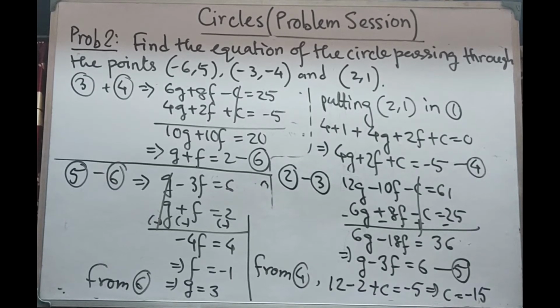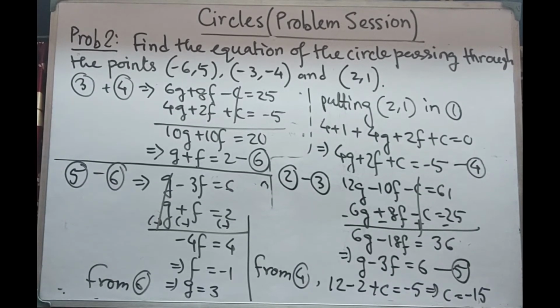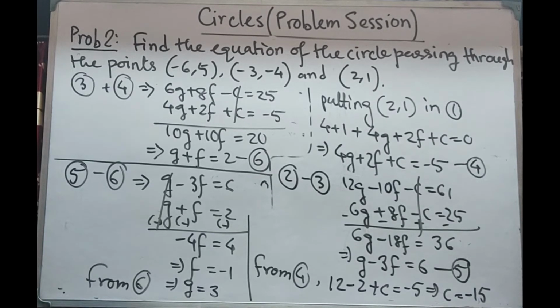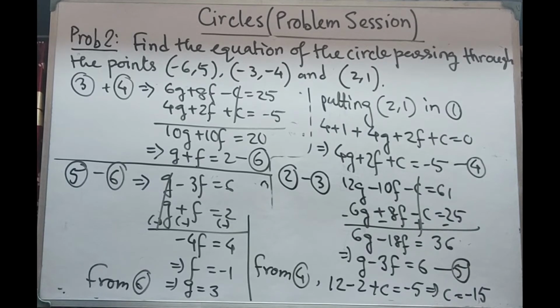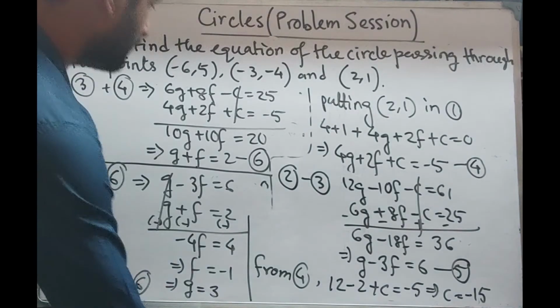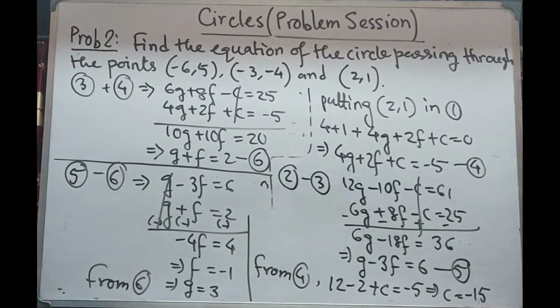So from here we have all the values of g, f and c, and now if we put them in the general form, we get the equation of the circle. So pause and do the calculation on your own, and I am erasing it and writing the final answer.